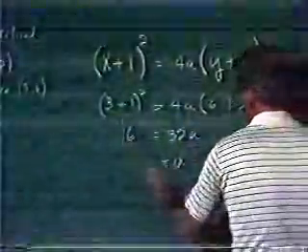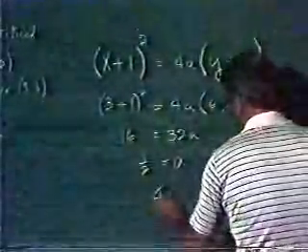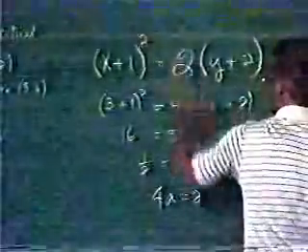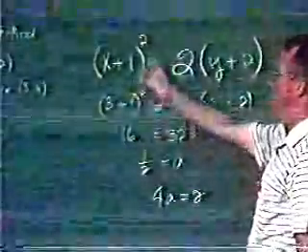So a is equal to 1/2. What's 4a? 4a then is equal to 2. 4 times 1/2 is 2. Therefore, our equation is x plus 1 squared equals 2 times y plus 2.